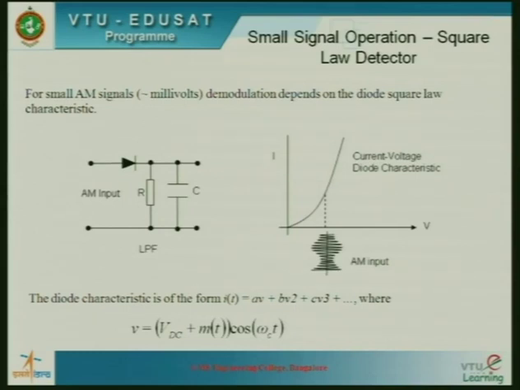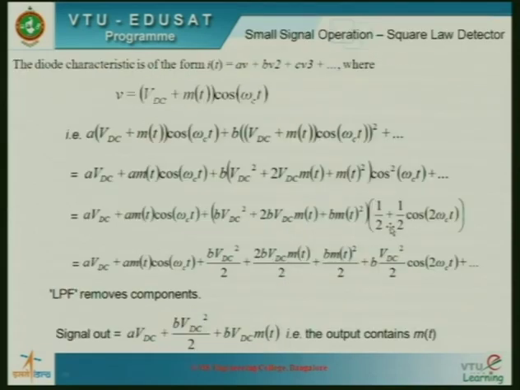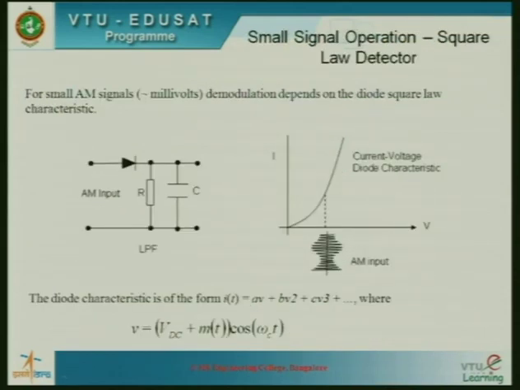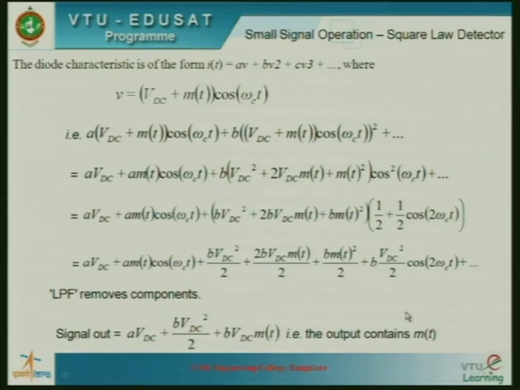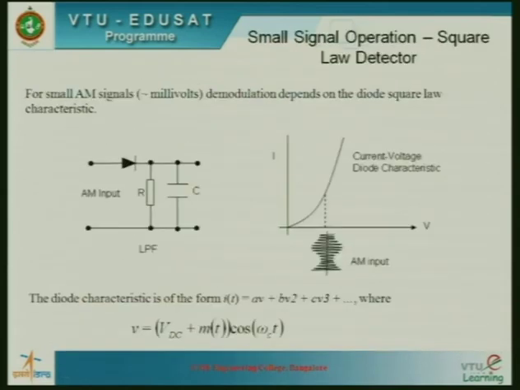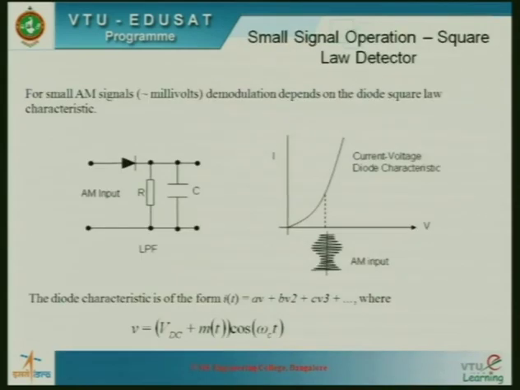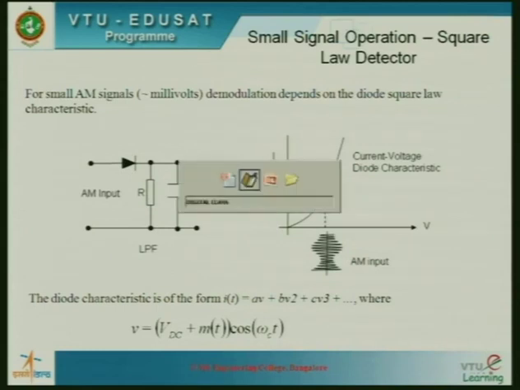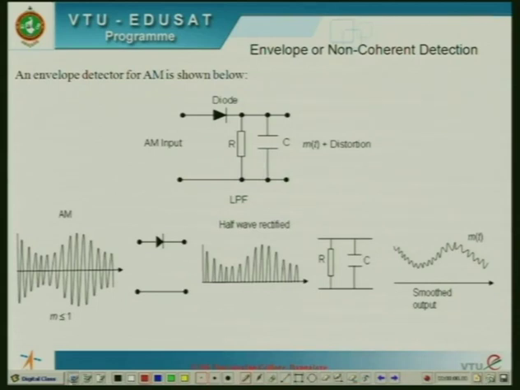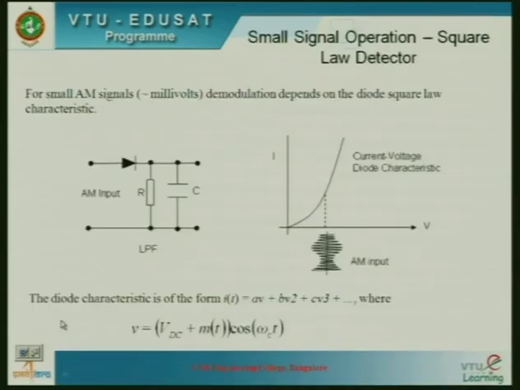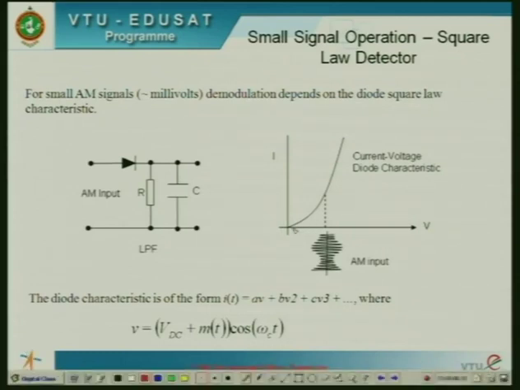According to the graph we see here, if you are trying to increase the voltage across the diode, the voltage is slowly increased.